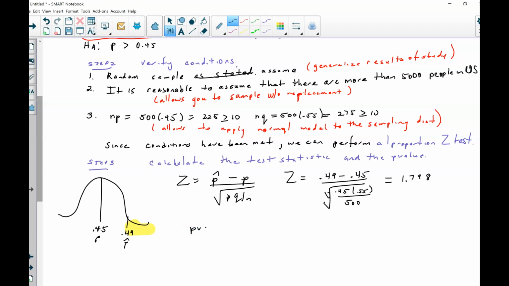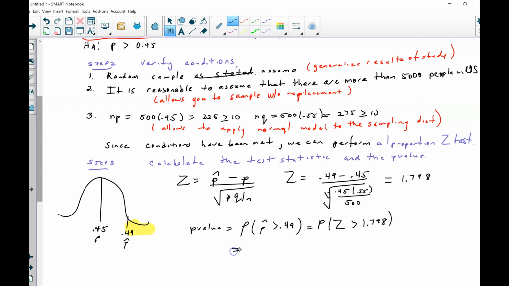So the p-value is actually the probability that we're going to get this test statistic, p hat, as great or greater than 0.49. And what is the chance of that occurring, assuming that our null hypothesis is 0.45? So what you did with that test statistic is you converted it into this z-score. So the probability of p hat greater than 0.49 is equivalent to the probability of z being greater than 1.798.